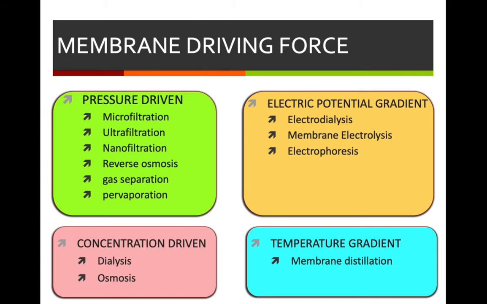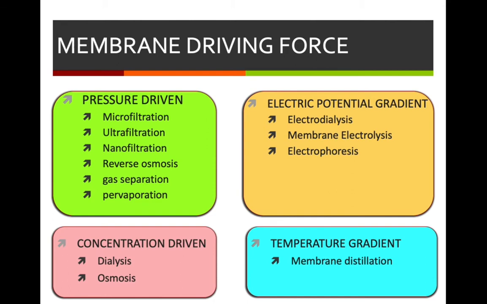The membrane selectively permits the passage of either anion or cation, but not both. Though you have Na plus and Cl minus, for example, your membrane only selects either the anion or the cation to pass through. So the separation is due to charge rather than size difference. It means that even though both have the same size, they can be separated using an electric potential gradient membrane.